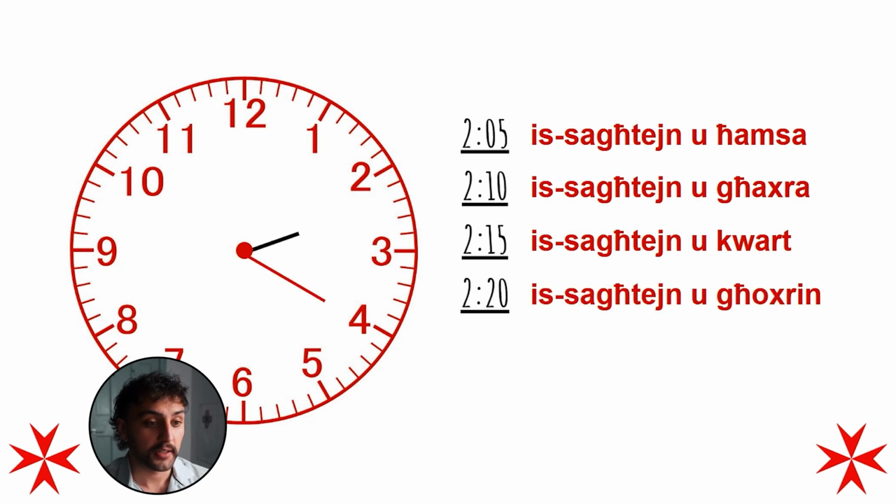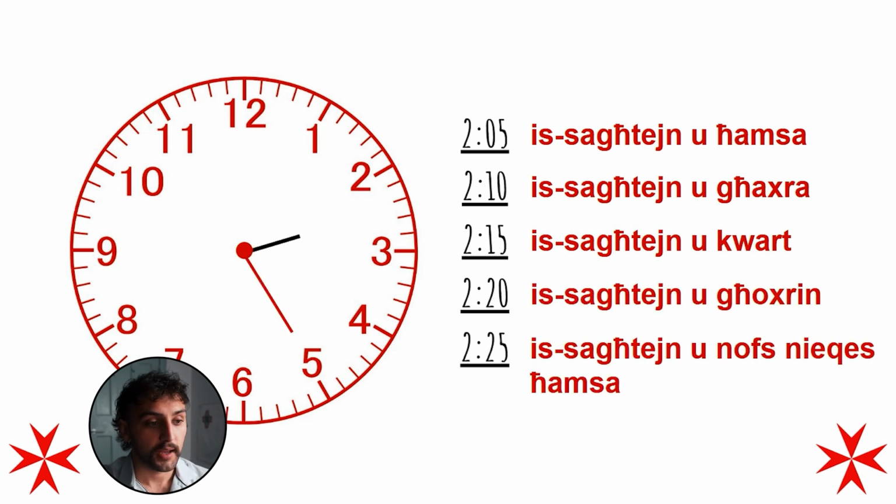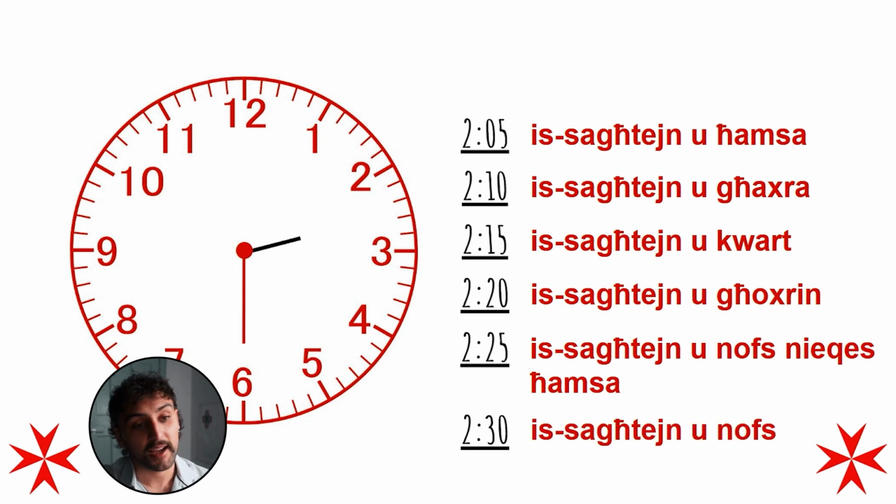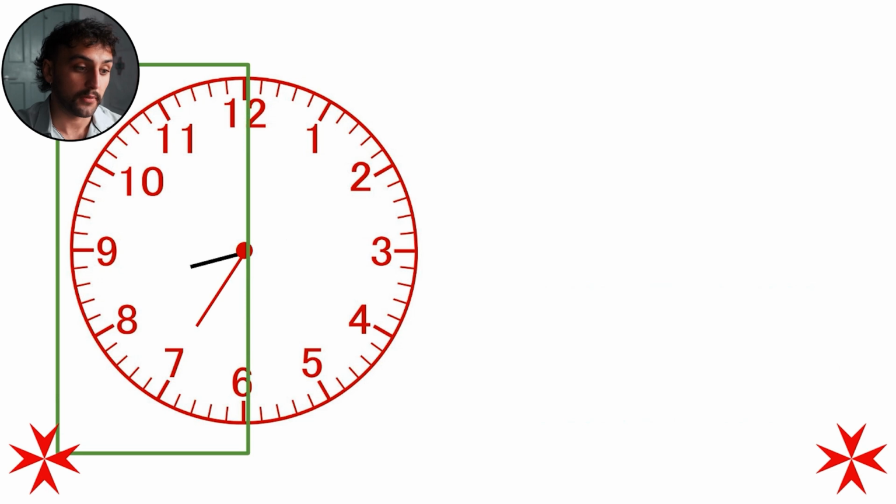Issatein u oshrin, 2:20. Issatein u nofs nies hamsa, 2:25. And issatein u nofs for 2:30. And that right there is the entire right side of the clock done. Well done for staying with me, by the way. We are nearly there. We just now have to take a look at the left side of the clock.